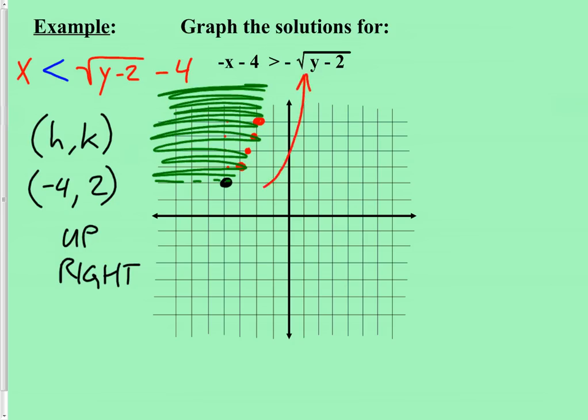So this line that I've got right there, I'm going to get rid of him. I should have drawn a dashed line. He is the boundary for the solutions, but he is not actually part of the solutions because there was no equal sign in the inequality.